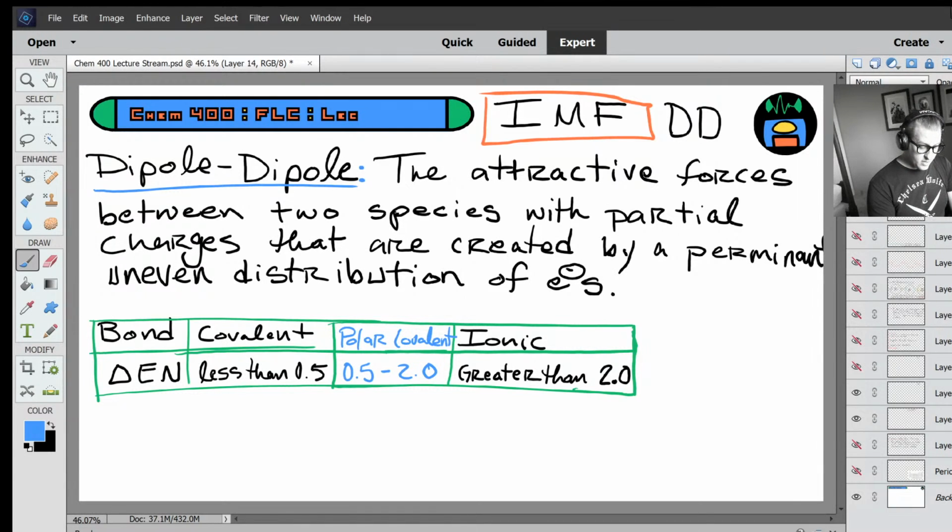When you are dealing with polar covalent bonds, the electrons are more attracted to the more electronegative element.